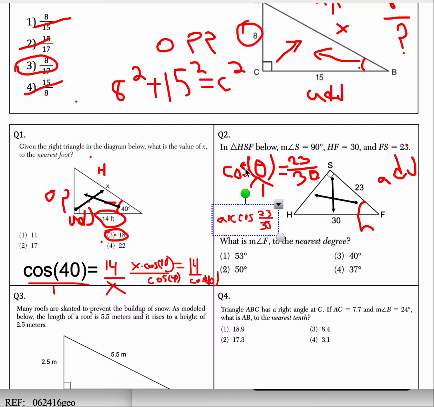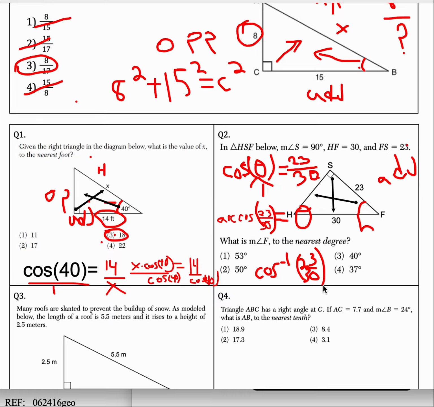So that is going to be equal to our theta. Arc cos is just another way to say inverse cosine. You are used to seeing it like this, and it's totally fine. It means the same thing. I just wanted you to see both ways. 23 over 30.